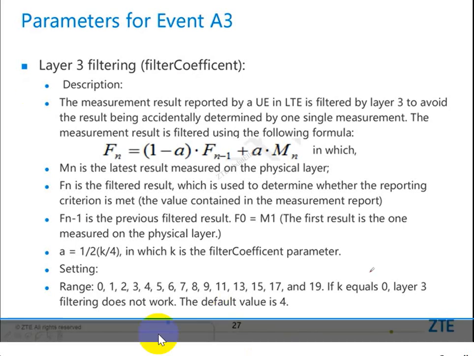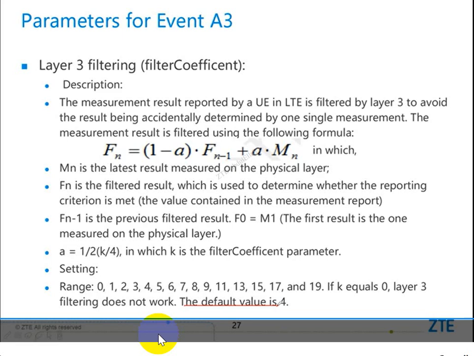it will choose one report for the final judgment result. If you configure this parameter to 3 or 4, for example, the default value is 4, that means I will collect 4 report results and divide by 4 to get an average value.